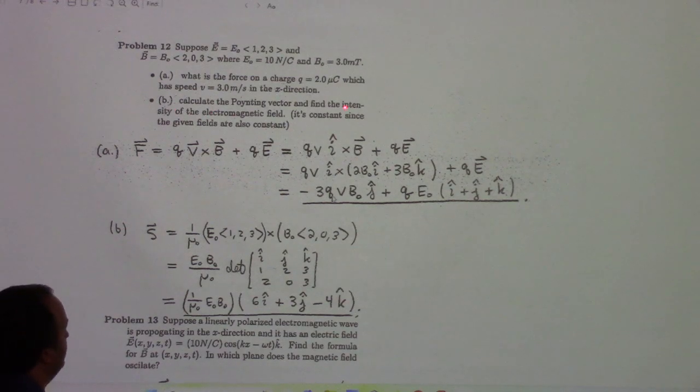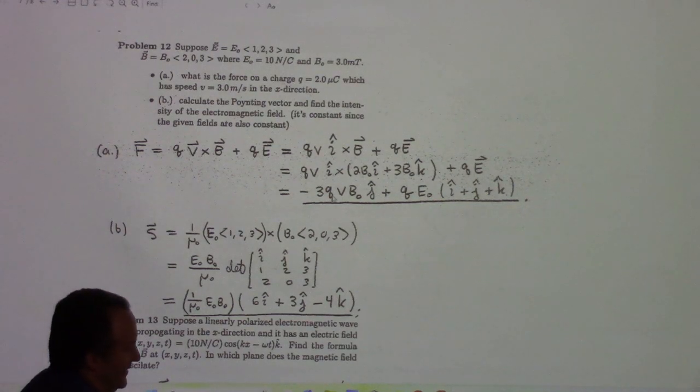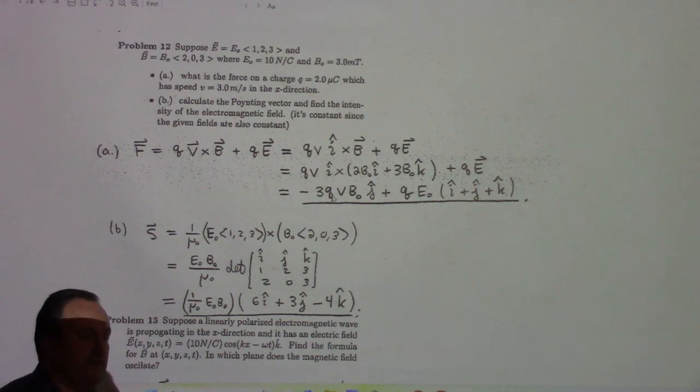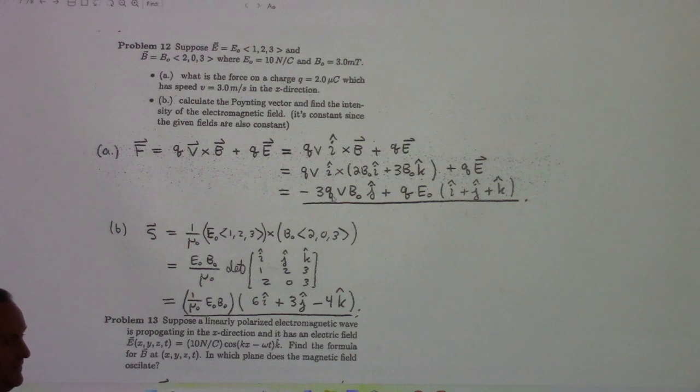Calculate the Poynting vector. The Poynting vector points in the direction in which the electromagnetic field is going. The electromagnetic field is formed by an electric and a magnetic field, which are both oscillating one into the other. And E cross B actually gives you the Poynting vector, and it points in the direction in which the electromagnetic field is traveling.